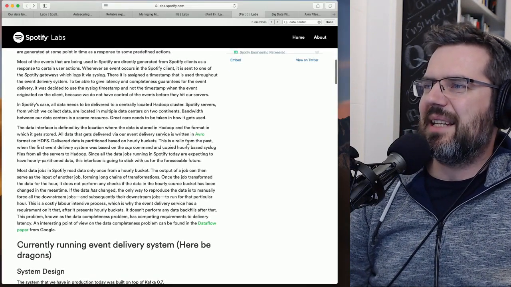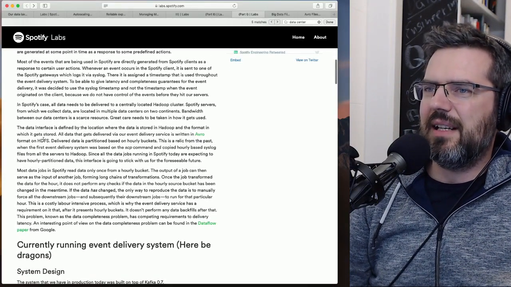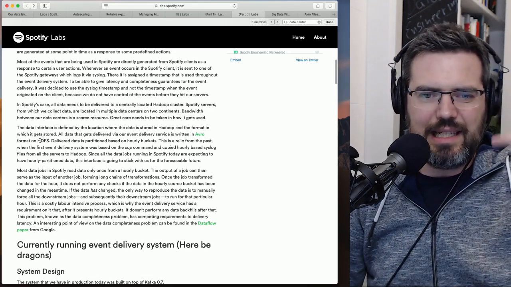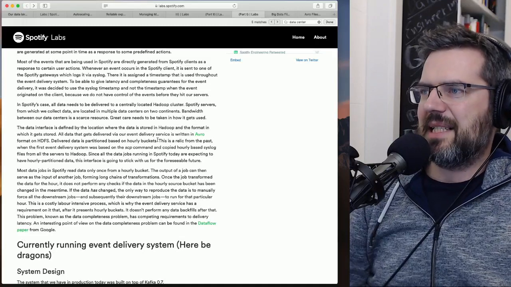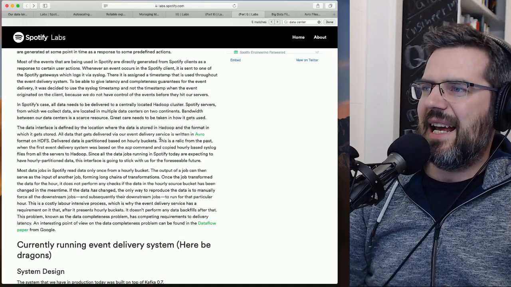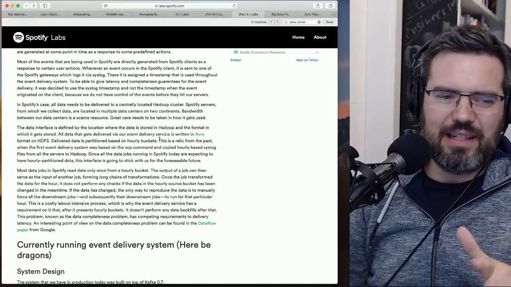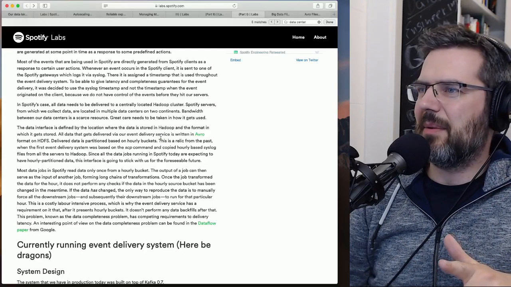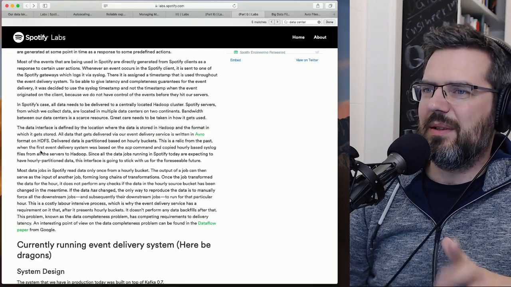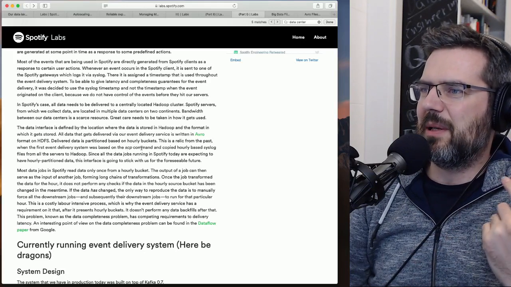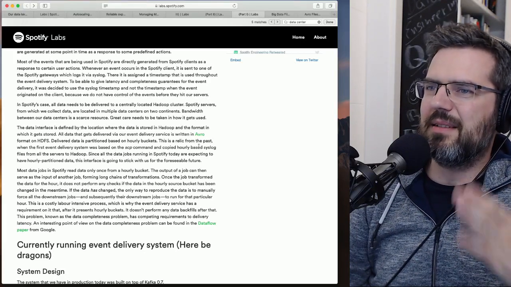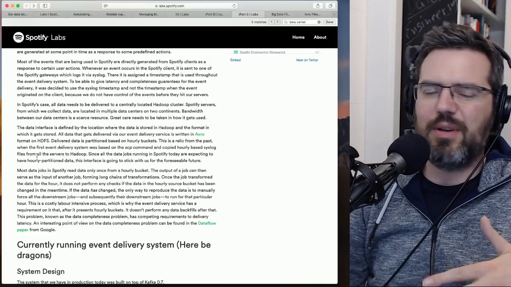The interesting thing here is they have the Avro files, and those are getting into HDFS, partitioned based on hourly buckets, as I said. And one interesting thing here was that this is a relic from the past, when the first event delivery system was based on SCP, the secure copy command, and copied hourly syslog files from all the servers to Hadoop.